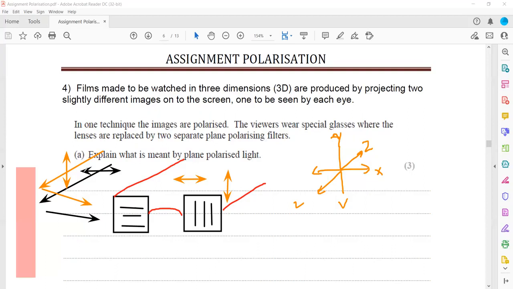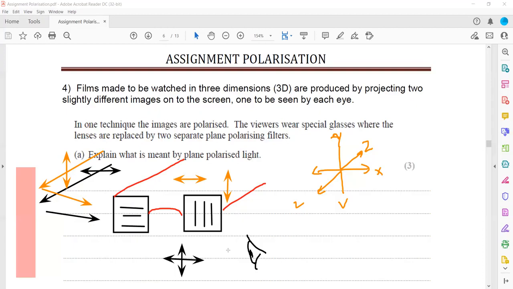But what if another person is not using 3D glasses and he's watching a 3D movie? Then what happens? He will see two images but not clear. Why is it not clear? Because the two images will directly enter his eye. There is a horizontal component and a vertical component together, so the eye or the brain cannot process this type of image which has two components together.